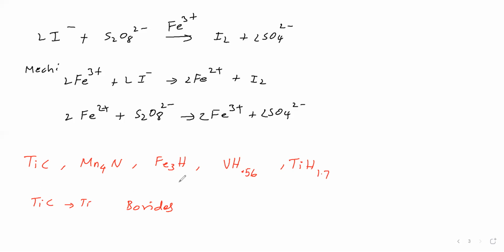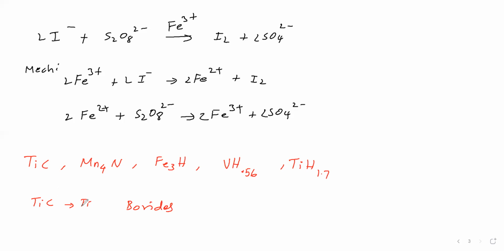That means interstitial compounds have very high hardness. Then metallic conductivity is retained, the same as in metals. Then interstitial compounds are chemically inert.